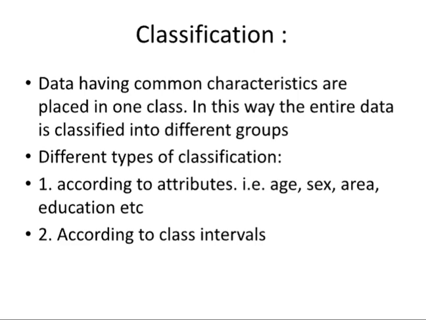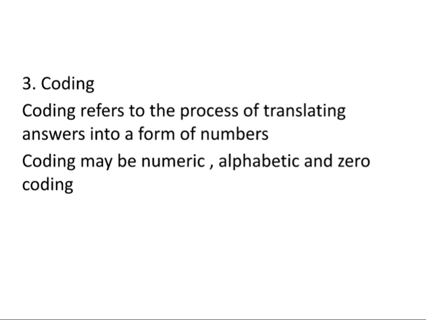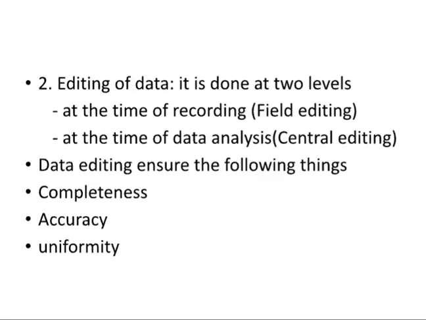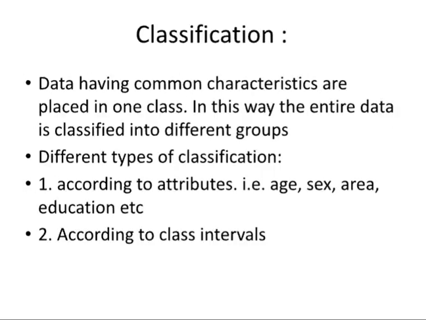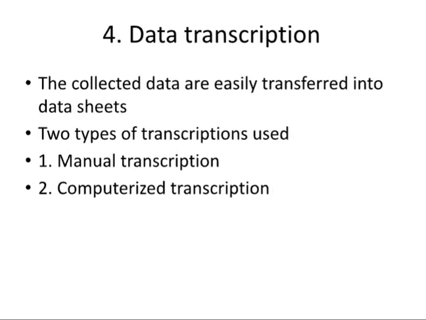So what you do is identify the data, first step, and the next one is editing the data, then coding and classification, and then data transcription. Once everything is set, then you transcribe all those information into a paper or into a computer sheet.